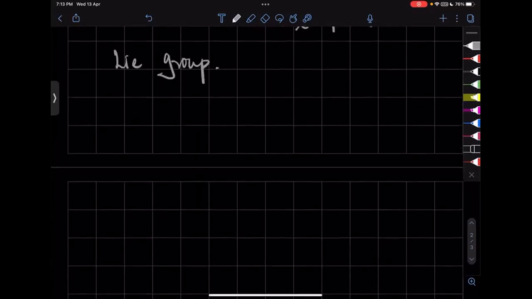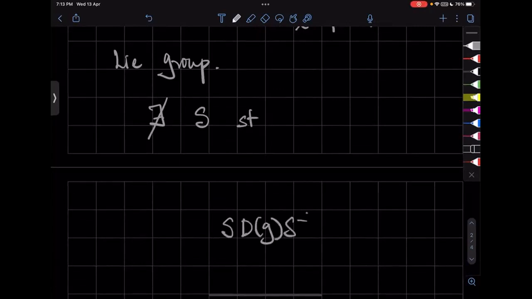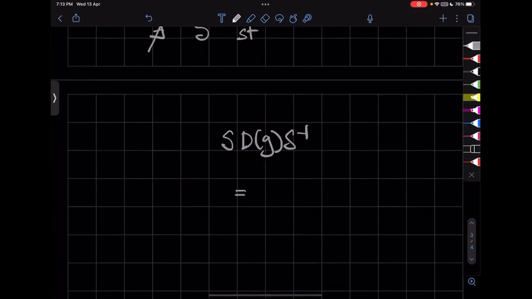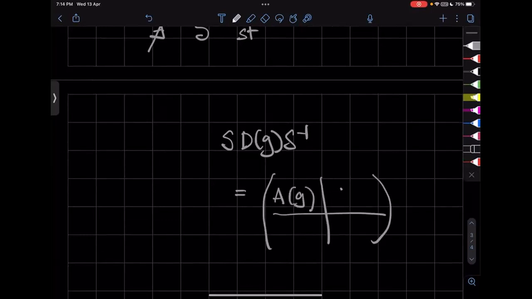That means that there exists no matrix S such that the similarity transformation by S leads D of G to have this form for all G. This is the form that the matrix will take if it's a reducible representation, and this can be 0 for compact groups.